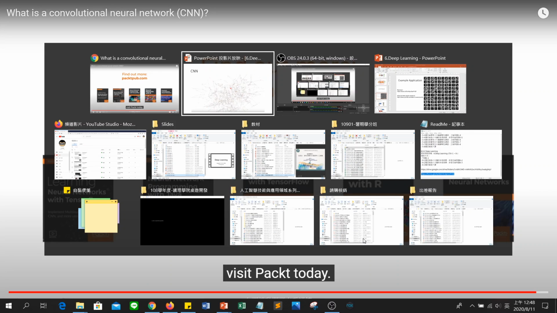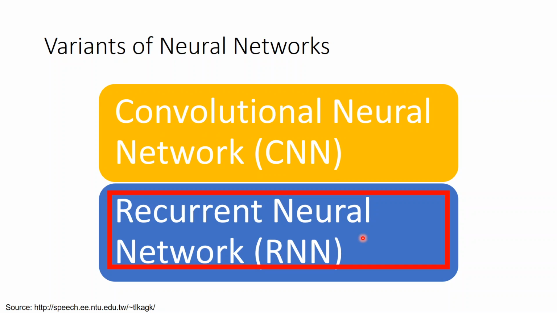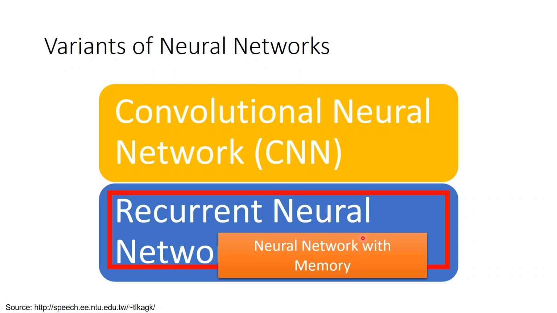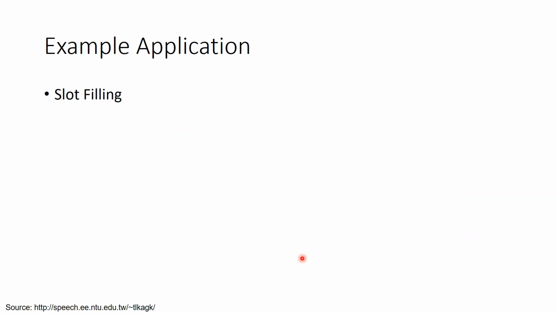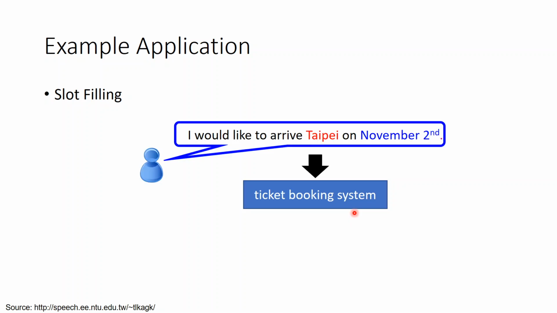Then we will see the next. Next is the RNN for time and sequence. A neural network with memory is used in RNN. For example, we see slot filling. There is a ticket booking system, and somebody wants to travel to Taipei on November 2nd.